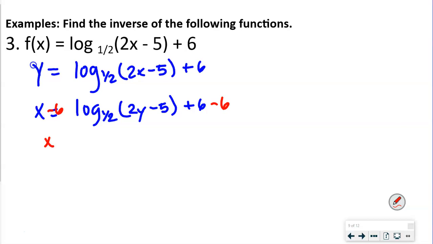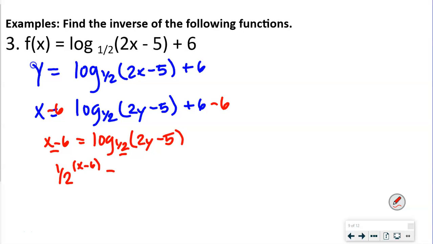So this is going to be x minus 6 equals log base 1/2 of 2y minus 5. So now we're going to put it in exponential form. So we're going to take our base, 1/2, to our power, x minus 6, and that's going to be equal to this over here. So this is 2y minus 5.